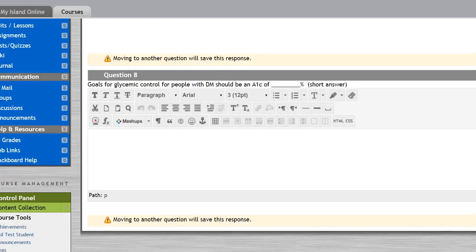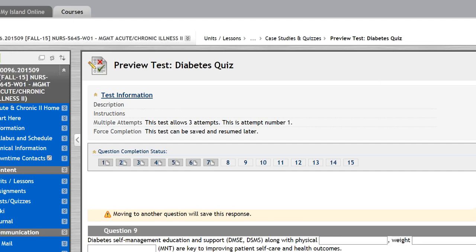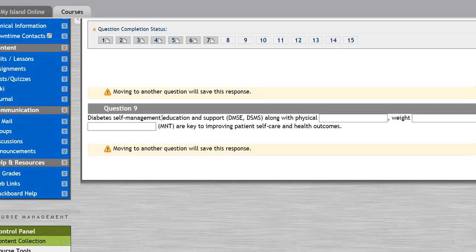Okay, goals for glycemic control in people with diabetes: it's 7% by ADA and 6.5% by AACE, right? But we're testing ADA, and those are lesser standards. Diabetes self-management education and support, and there's your little terms there, along with physical activity, weight control or loss, and medical nutrition therapy.